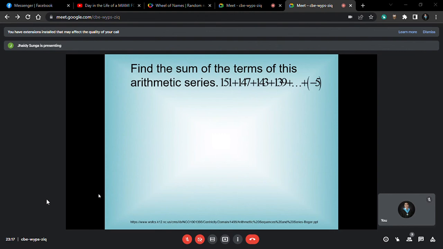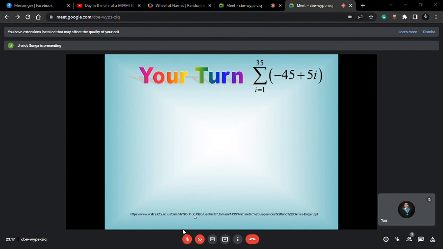This is the first given, so try to screenshot that one. As well as this given. There you go. This is the term. That will be the second number for activity number 1.